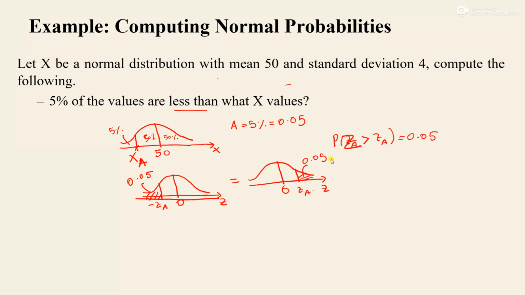According to this diagram, the probability of Z greater than Z A is 0.05. So this area, the probability of 0 less than Z less than Z A, is equal to 0.5 minus 0.05, because half of the area is 0.5. So that is equal to 0.45.